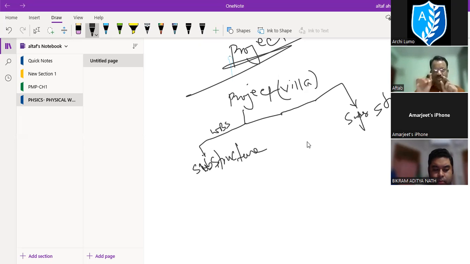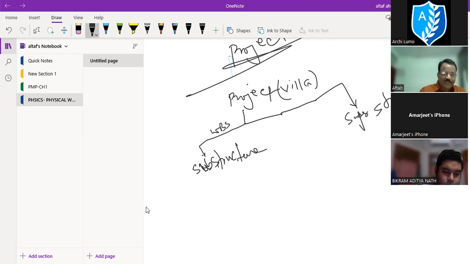So if we take the villa as a simple project, what will be the WBS, the work breakdown structure? Simply, we divide the villa project into small work packages. We do those small work packages and complete the whole project. How? This villa project we now divide into substructure and superstructure.